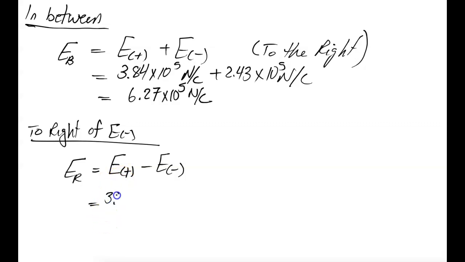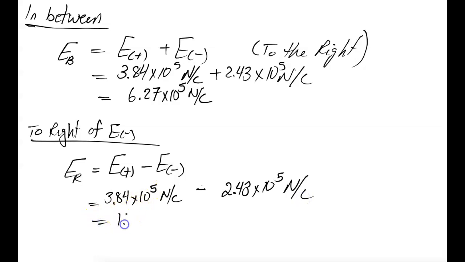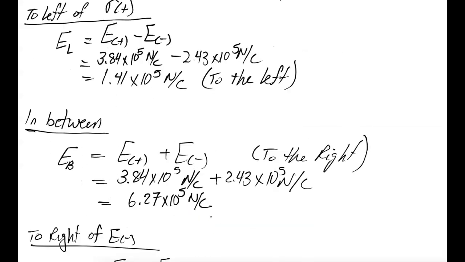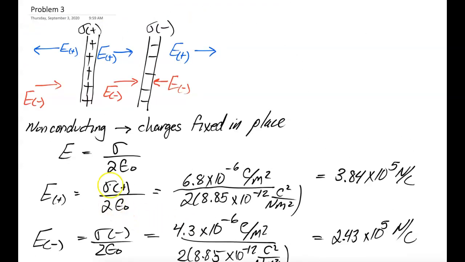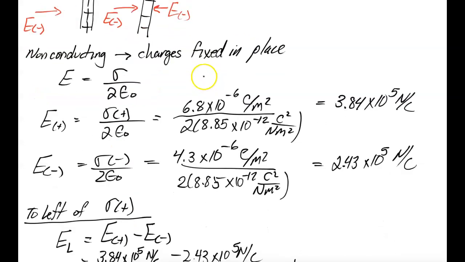So this is 3.84 times 10 to the 5th Newton per coulomb minus 2.43 times 10 to the 5th Newton per coulomb. We already know this is 1.41 times 10 to the 5th Newton per coulomb. But now, because it's positive and we picked E plus first, we know this is going to the right.